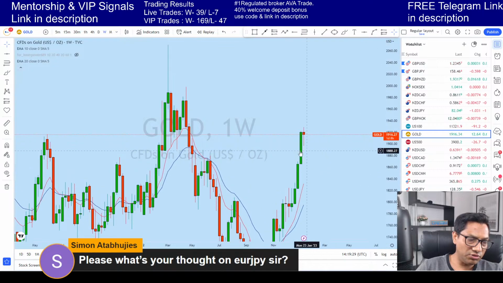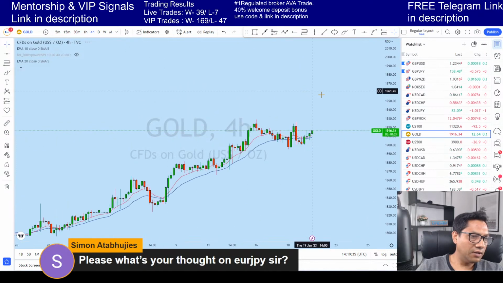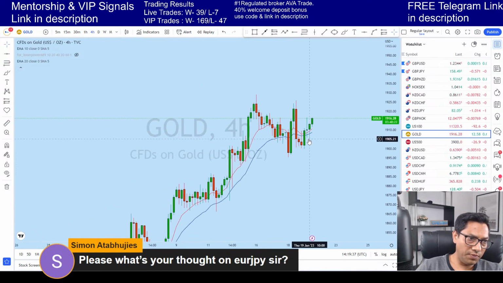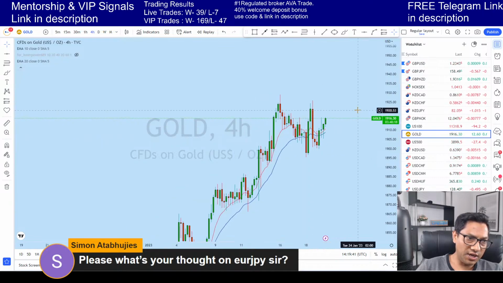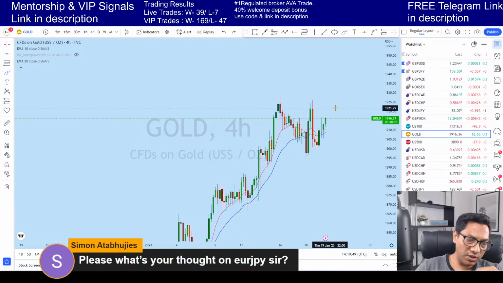After a little retracement, the price again started to push up, and I think this price will continue to go up, as the previous session already grabbed liquidity. A couple of times it grabbed liquidity from support and resistance, and it is now in the direction of the major trend, which means gold will continue to rise.